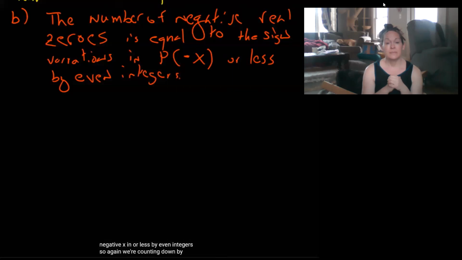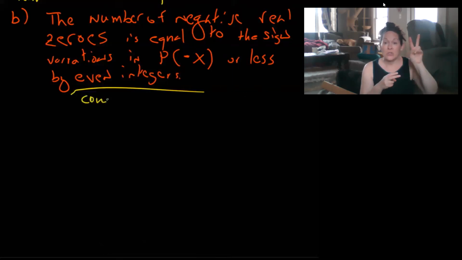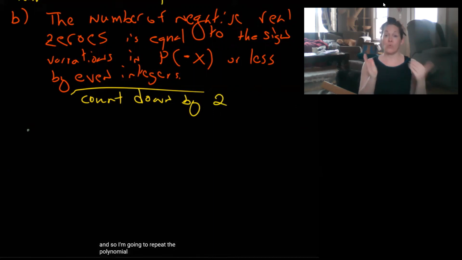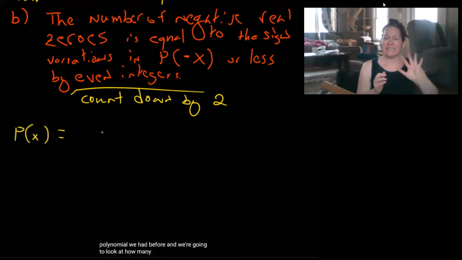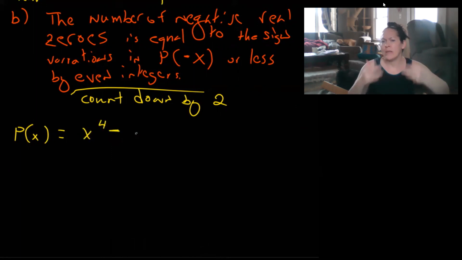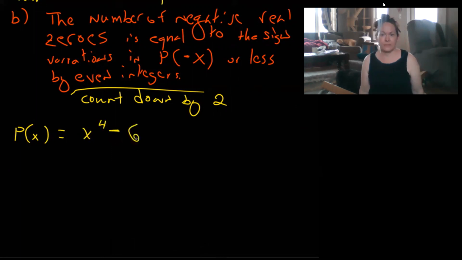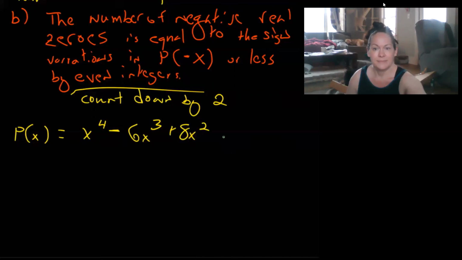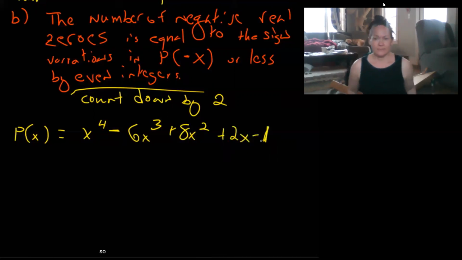So again, we're counting down by 2. And so I'm going to repeat the polynomial we had before, and we're going to look at how many negatives it could have. So to find the negatives, I want to put in negative x.